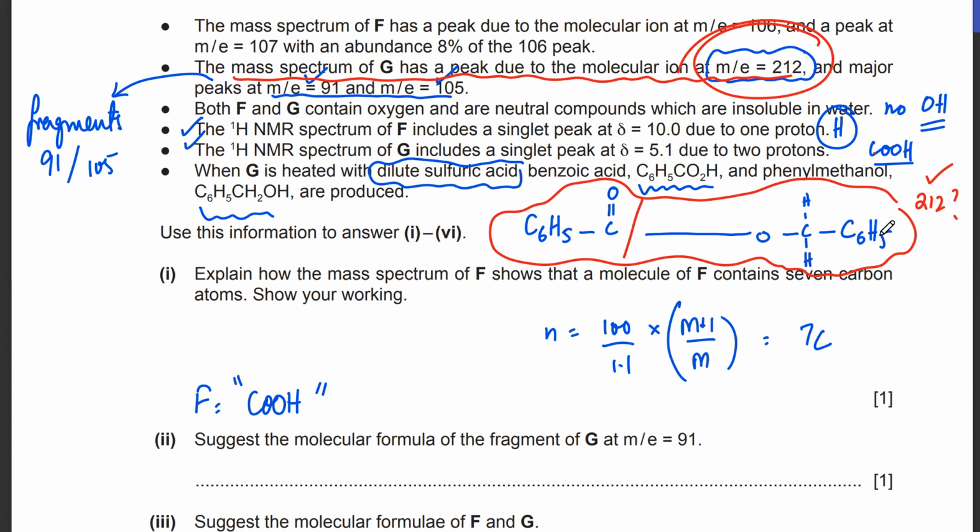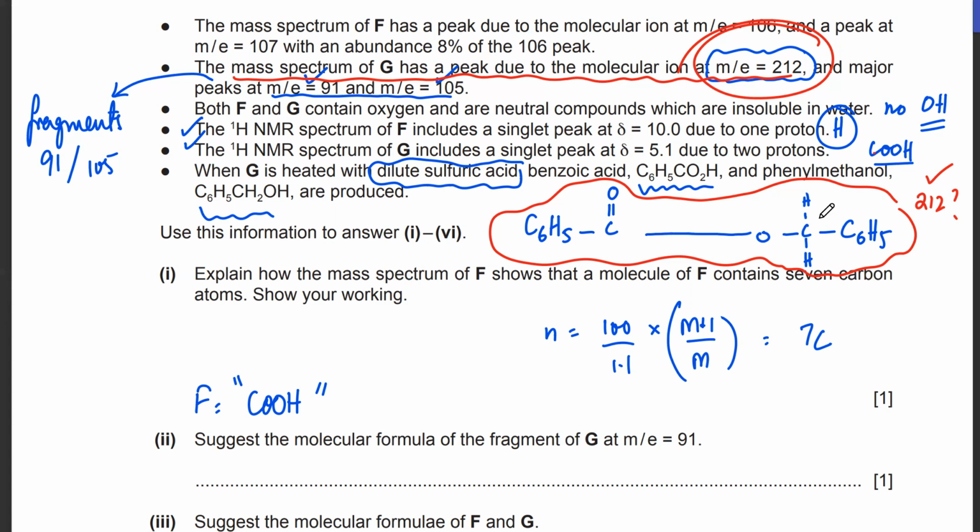Remember, I'm looking for a fragment of this molecule that is 91. So C6H5: 12 times 6 is 72, plus 5 hydrogens is 77. Let's add the next carbon, that's 12, so 89, and then I add 2 hydrogens.